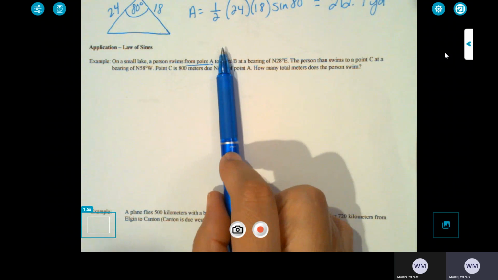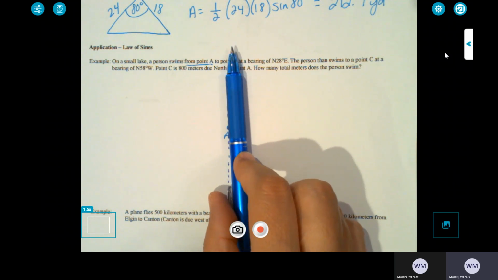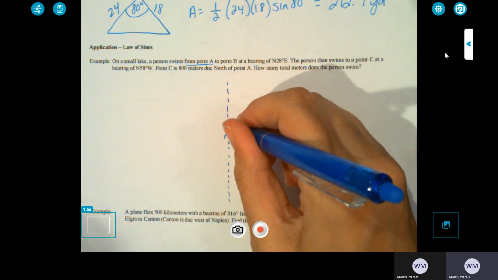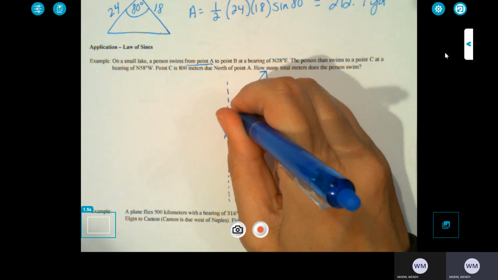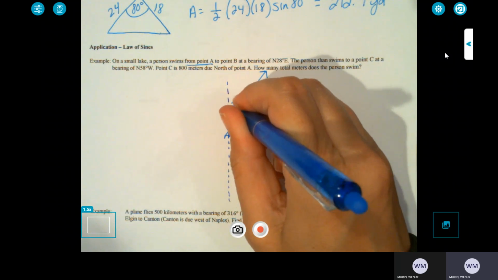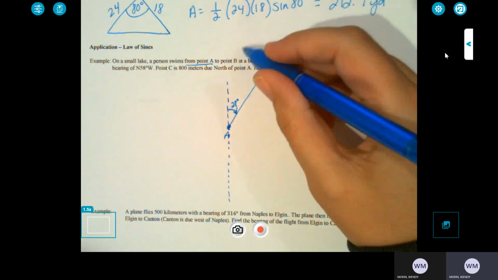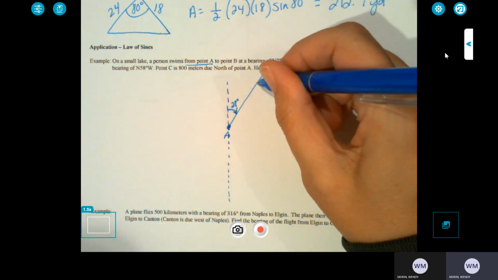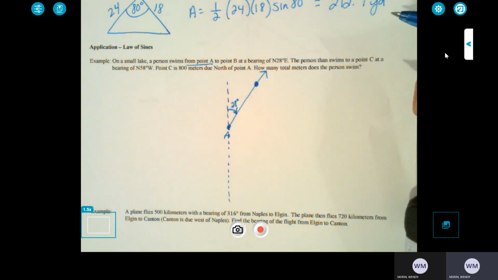That is saying take your north and rotate towards the east. Which way is east? Somewhere in this direction. From the north to the east, that will be 28 degrees. So point B is somewhere in this direction.